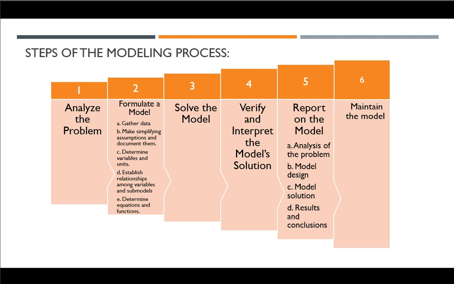So para ma-simplify ang model, we may assume that ang ubang relationship, or some of the relationships are simpler than they really are, no? For example, we might assume that two variables are related in a linear manner instead of in a more complex way.